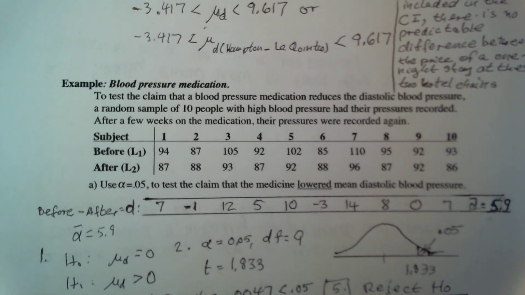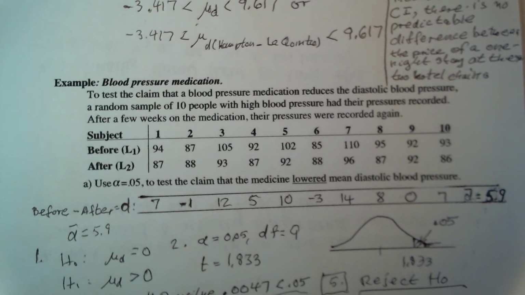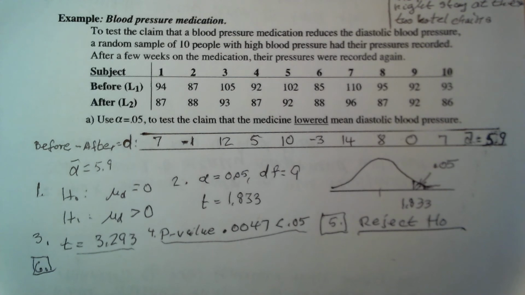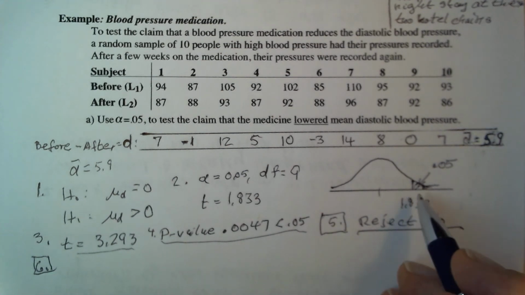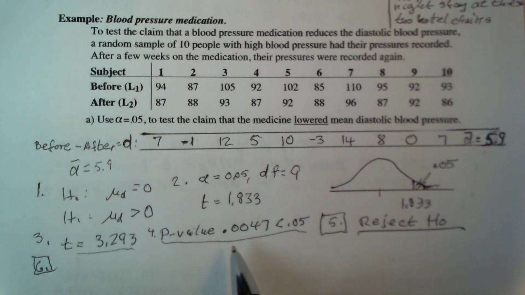So we write our conclusion as follows. To repeat this, our test statistic is way into the rejection region. The p-value is less than alpha. Therefore, the decision is we reject the null hypothesis.